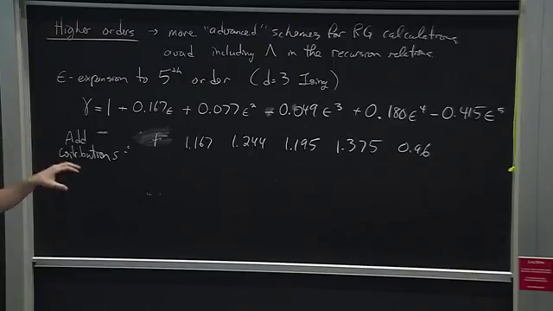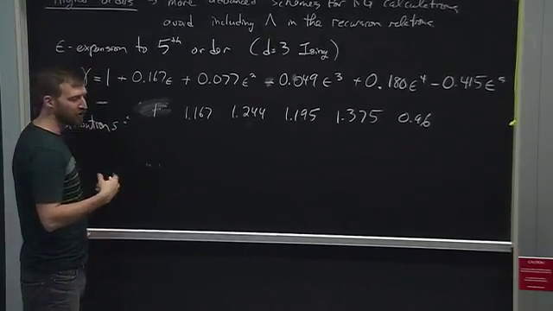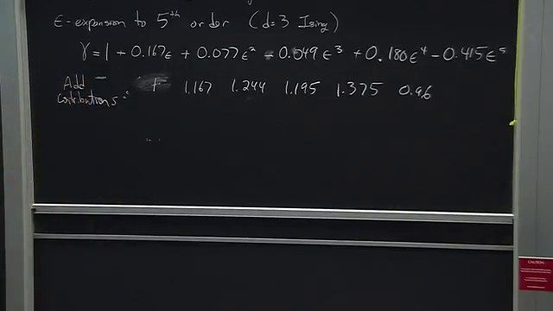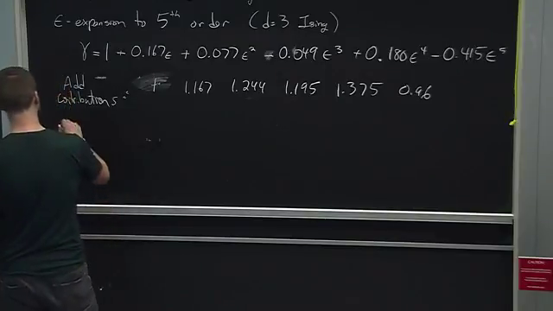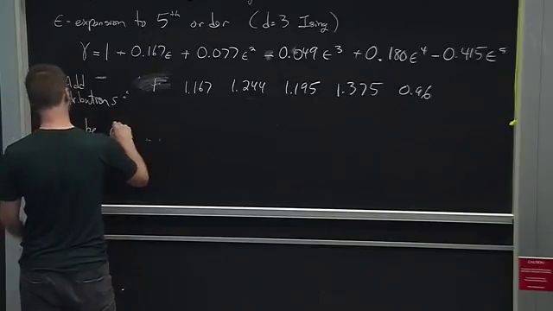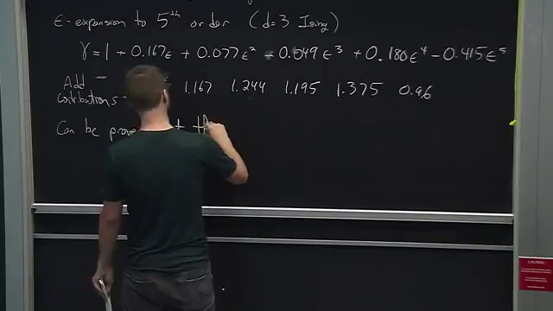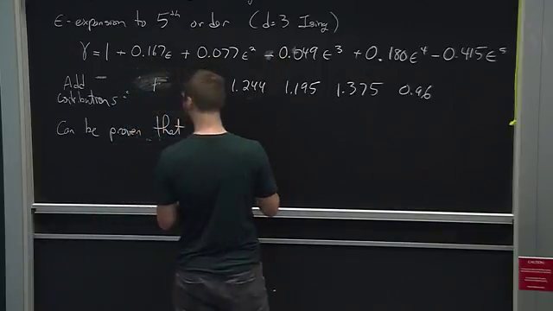Remember when we did Gaussian fluctuations on the Landau-Ginzburg-Wilson theory? We also had kind of a perturbative expansion that didn't work. Remember the U was growing and we had all sorts of problems with that. In this case, it's okay because it can be proven that these expansion coefficients obey what's called an asymptotic series.